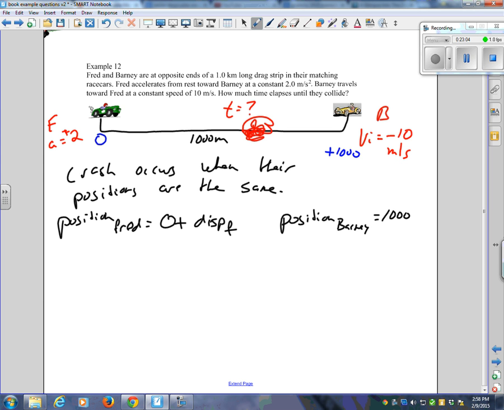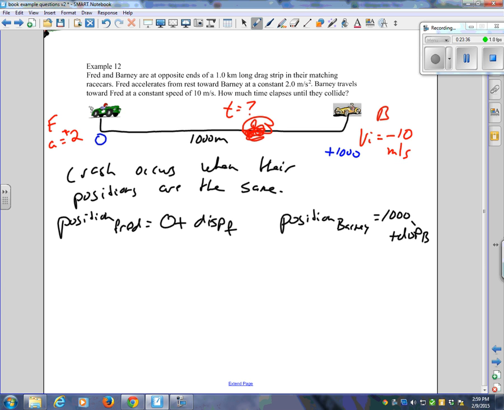Isn't the displacement going to be negative? Excellent. Good. Most of the time I go 1,000 minus the displacement, but I've realized that Steve's right. The displacement is negative. So I should really write, if you're going to be technical, it should be 1,000 plus displacement Barney, that's DISPB, keeping in mind that the displacement's going to be negative. And those two things, when they are equal, is when the collision occurs.